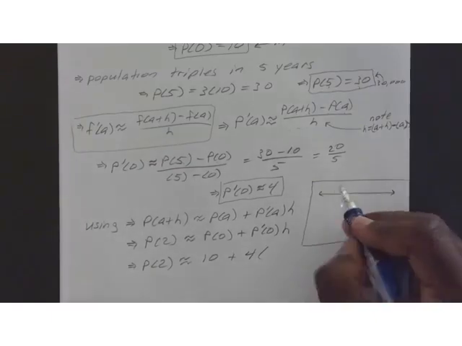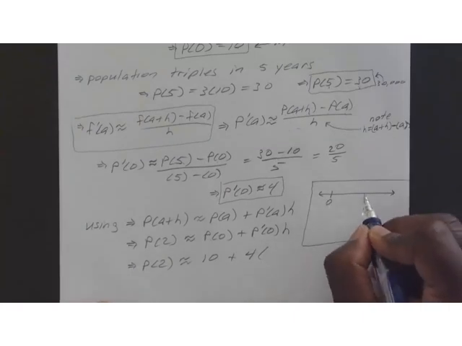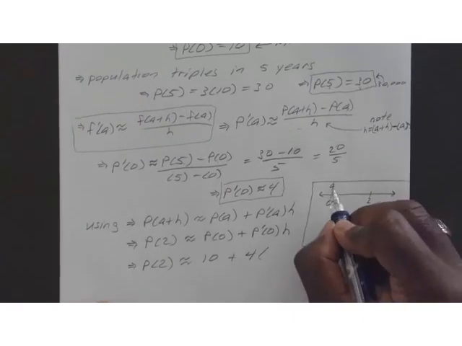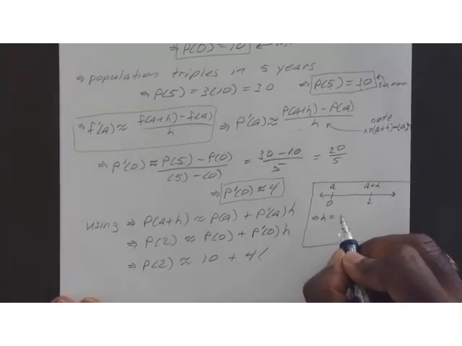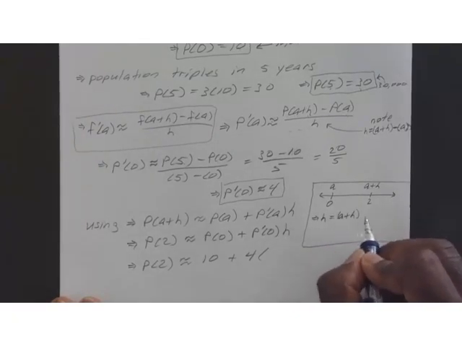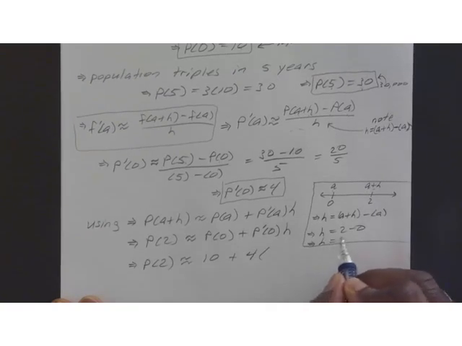But in case you didn't have 0 and 2, you wanted to calculate that. That's our 0, and that's our 2. It's our a, and a plus h. Remember, your h is just a plus h minus a, which is just 2 minus 0. So h is equal to 2.